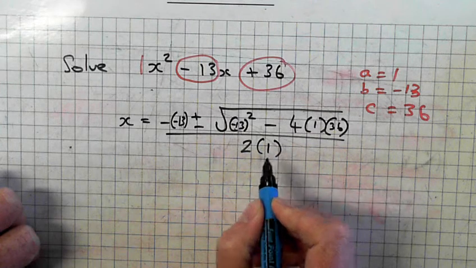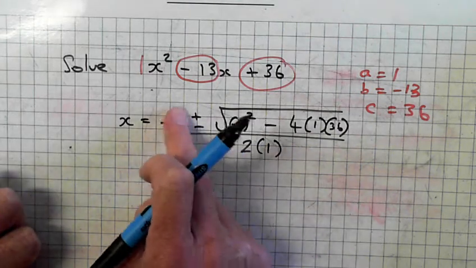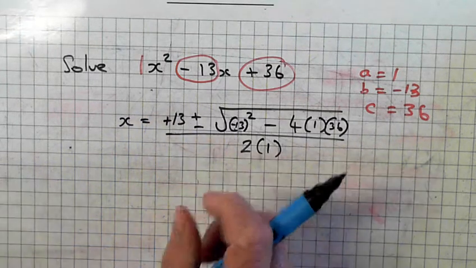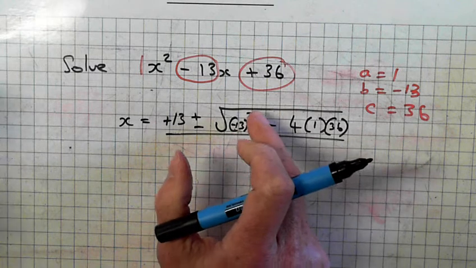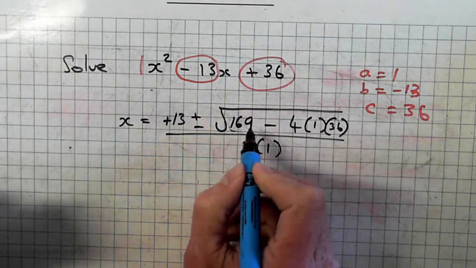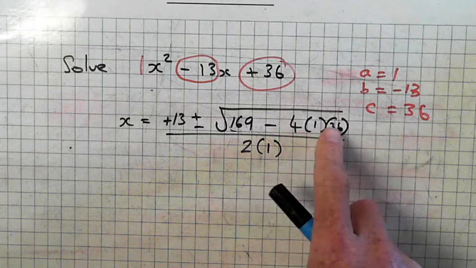This is an a, 1. So now minus times a minus gives you a plus 13. Minus 13 squared is 169. And then it's minus 4 times 1 times 36.